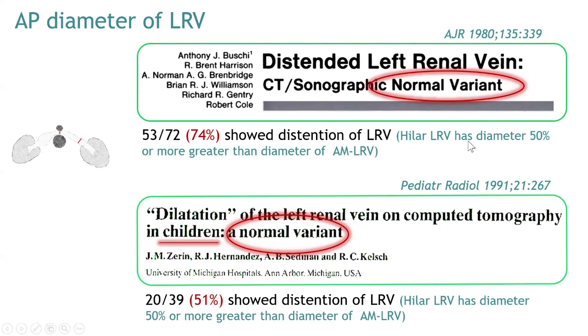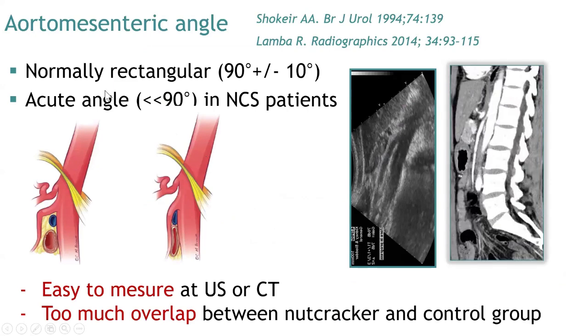So the distended left renal vein itself, we cannot say it's abnormal. It's just a normal variant, I think because it's a natural normal compression of the left renal vein in the aortomesenteric area.